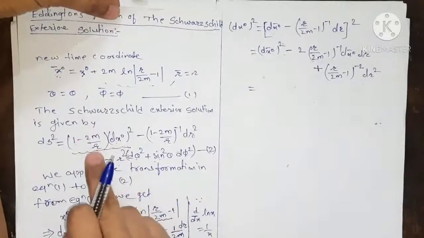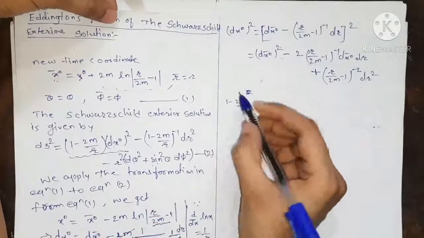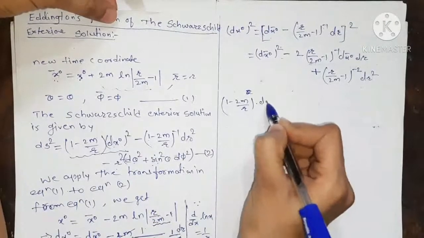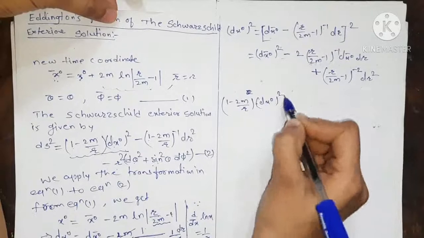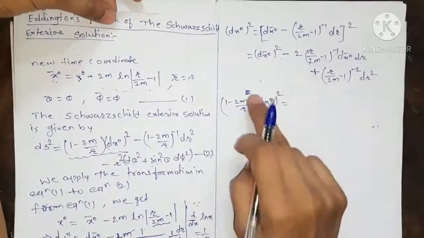because this is our dx0 bar square term. Now we multiply 1 minus 2m upon r. So it is 1 minus 2m upon r into dx0 square is equal to, multiplying all the terms by 1 minus 2m upon r.